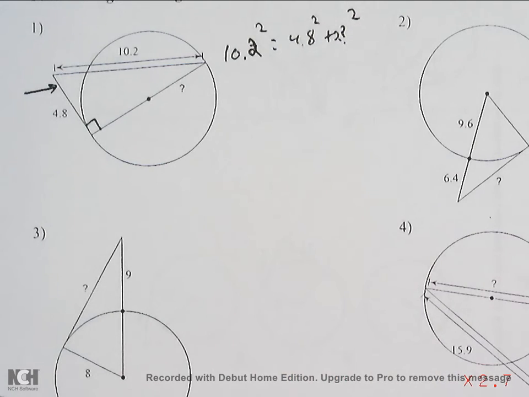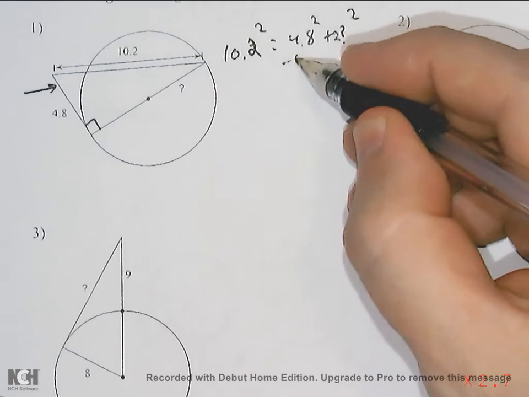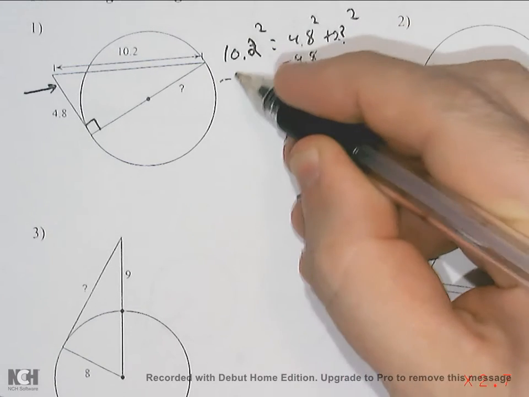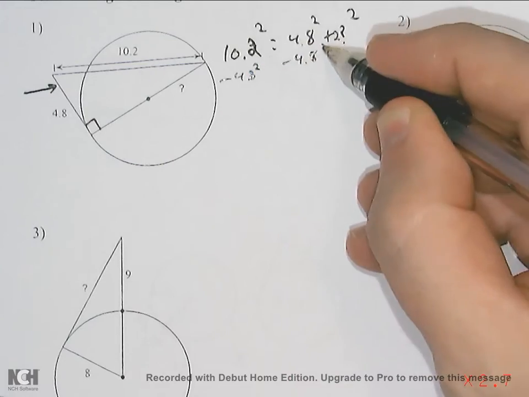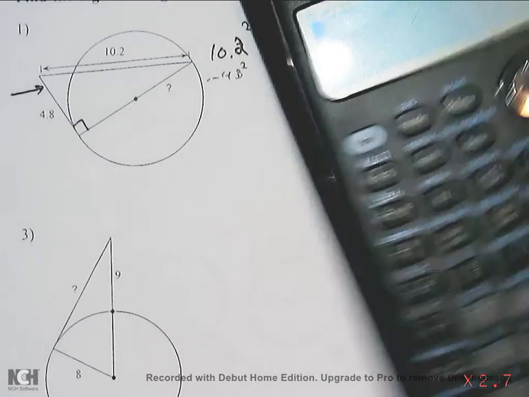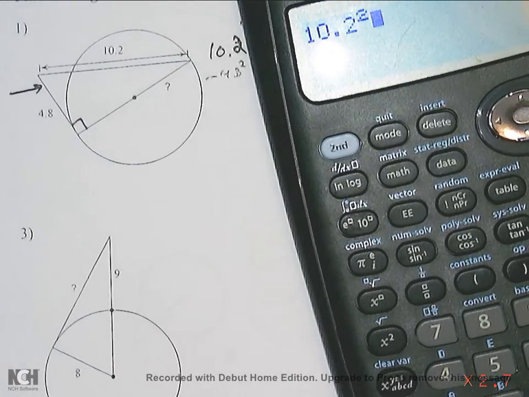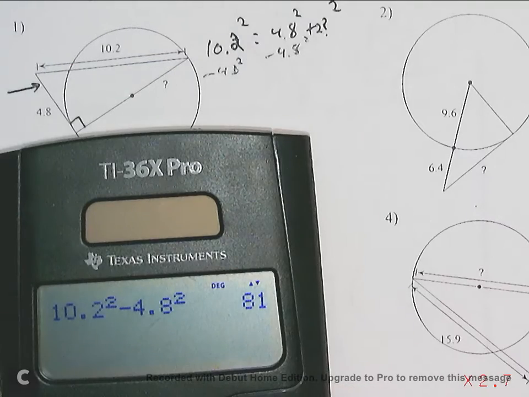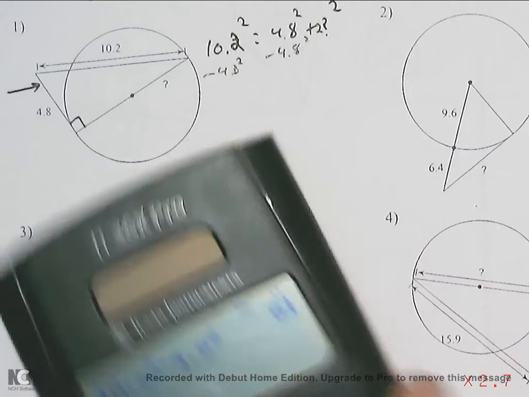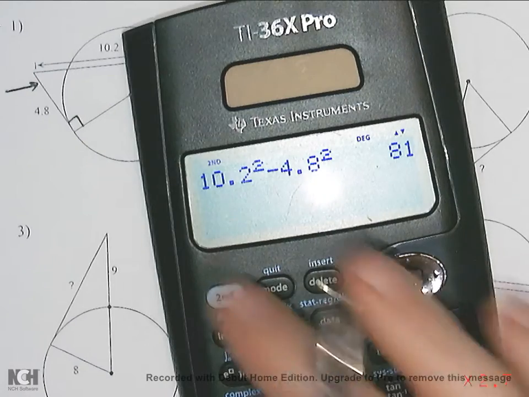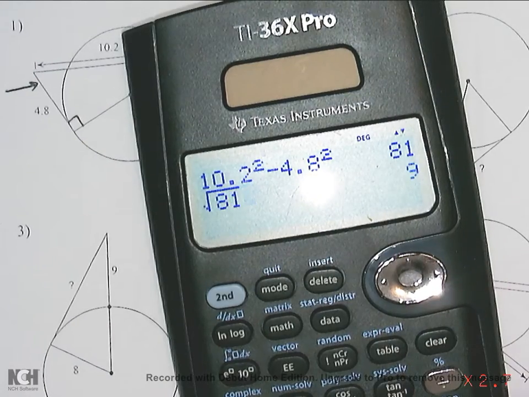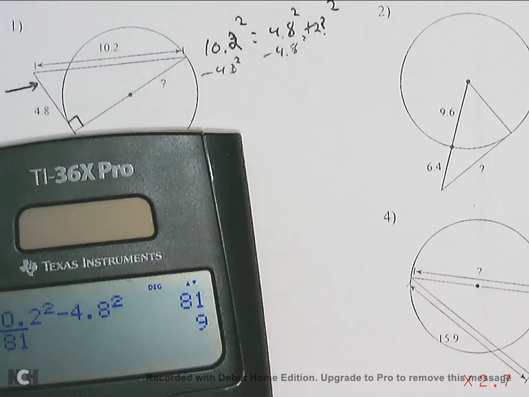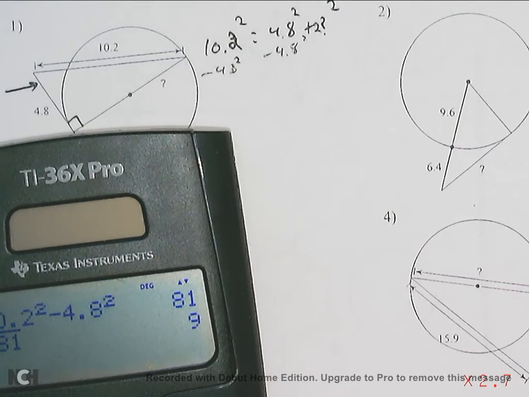There we go. So we'd start off by subtracting 4.8 squared from each side. So 10.2 squared minus 4.8 squared is 81. Okay? Then I would find the square root of that, and I would get 9, right?